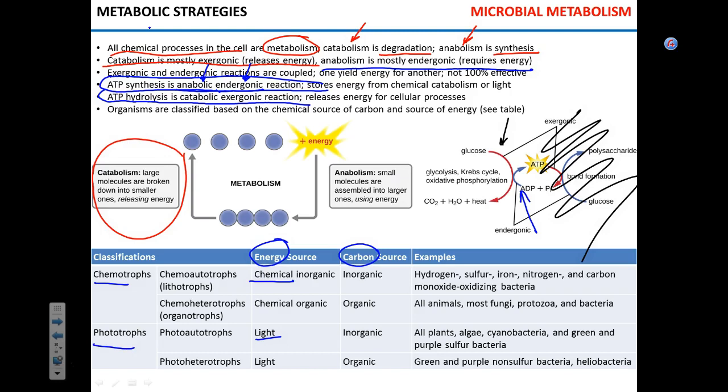Now, chemicals that can be used as the energy source may be organic or inorganic. Right? For example, humans use organic chemicals to fuel, carbohydrates, lipids. Okay, there are bacteria that can use the energy stored in reduced forms of different chemicals like hydrogen sulfide to fuel cellular reactions. Okay. Now, what about carbon source?